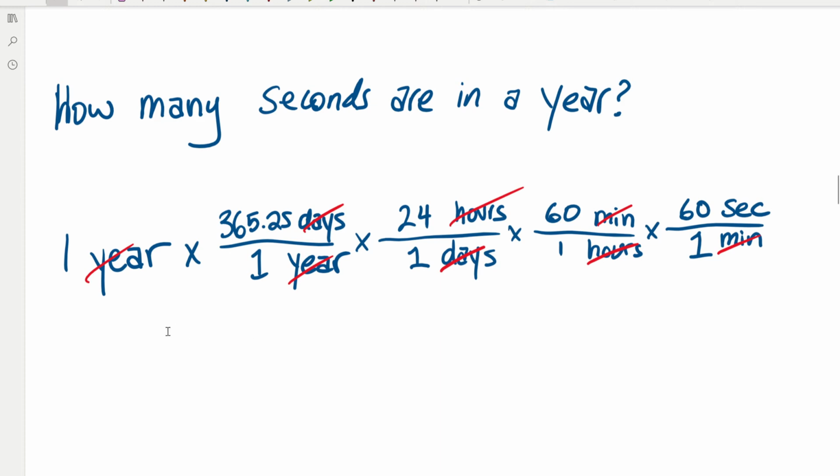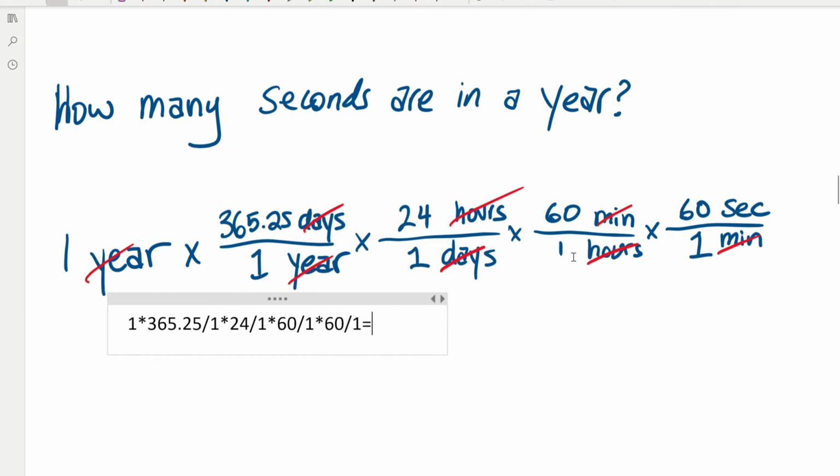Now, I am not equipped to do this in my head, so I'll show you how to do the math on the calculator. We start with 1, and we multiply it by 365.25. That's 1 times that, and we have to divide by 1. Then we have to multiply by 24. Then we have to divide by 1. Then we have to multiply by 60. Then we have to divide by 1. Then we have to multiply by 60 again, and we have to divide by 1.